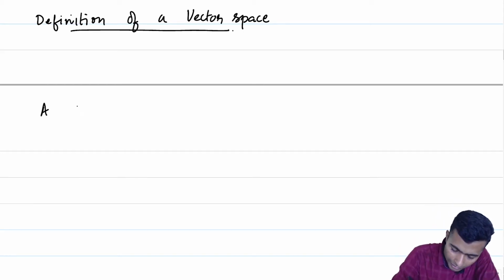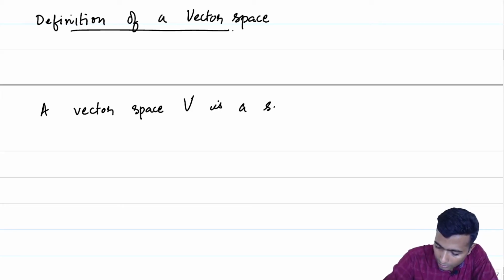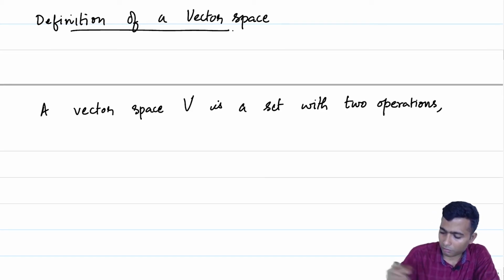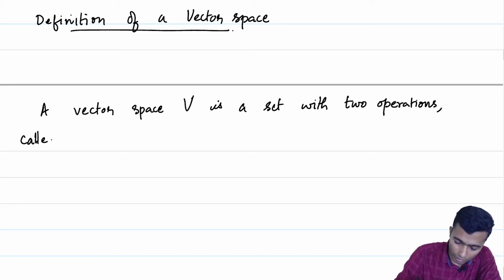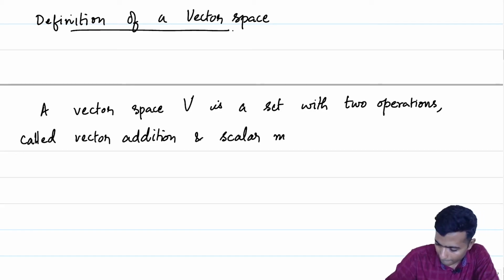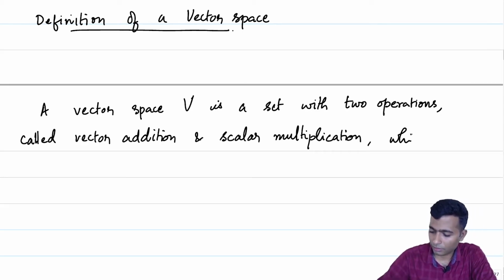A vector space, let us denote it by V. V is a set with two operations which are called vector addition and scalar multiplication, which satisfy the following properties.